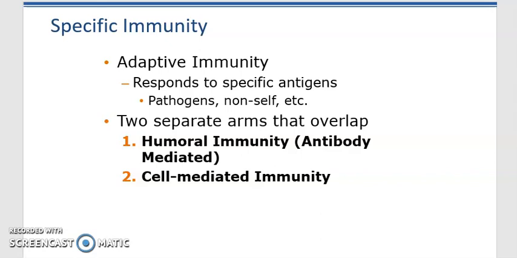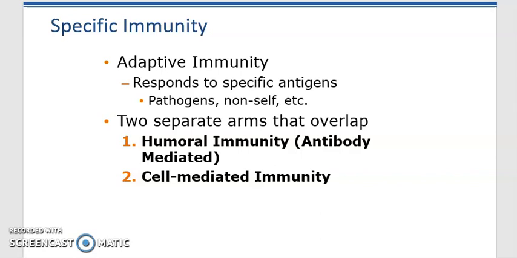So this is part 4 of the immune system video lecture series. Now we're going to be talking about adaptive immunity, or the adaptive immune response. The adaptive immune response responds to specific antigens by specific white blood cells called B cells and T cells that have evolved the ability to deal with certain antigens and make antibodies, and then be able to identify our cells that have become infected by those antigens or pathogens.